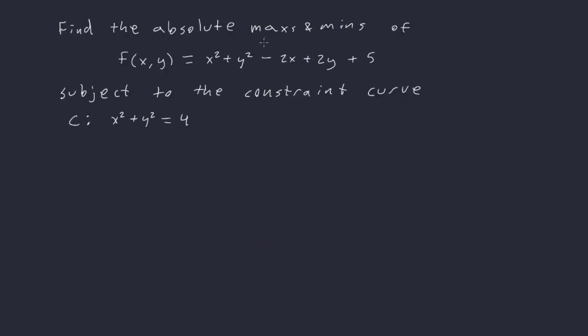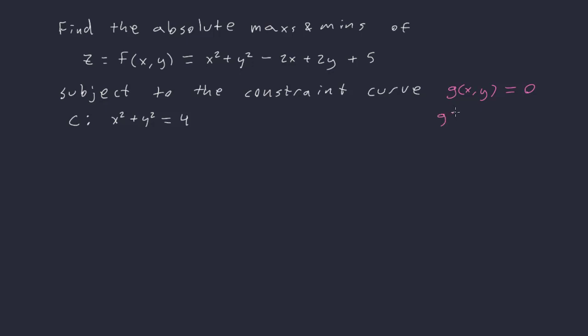Alright, so let's find the absolute maxes and mins of this surface here. Let's call it z, or f of x y equals x squared plus y squared minus 2x plus 2y plus 5. Okay, subject to the constraint curve, x squared plus y squared equals 4. Now, often the constraint curves are given generally in this form, g of x y equals 0.